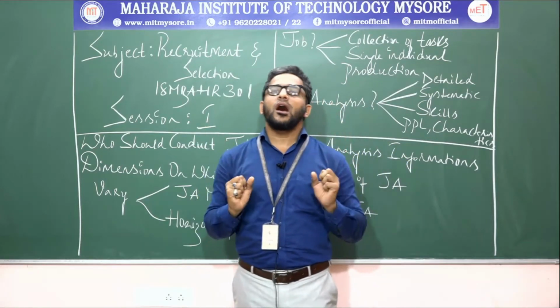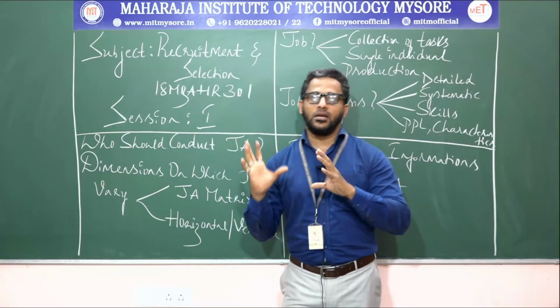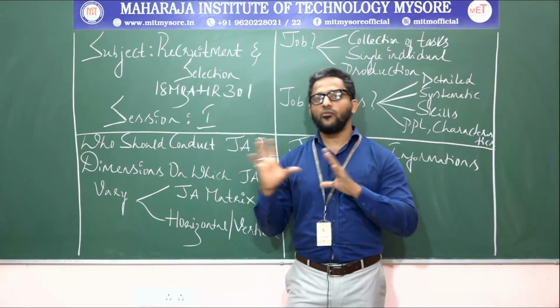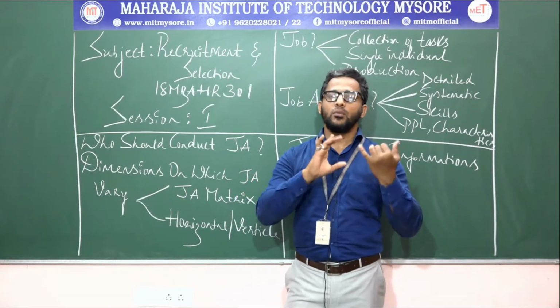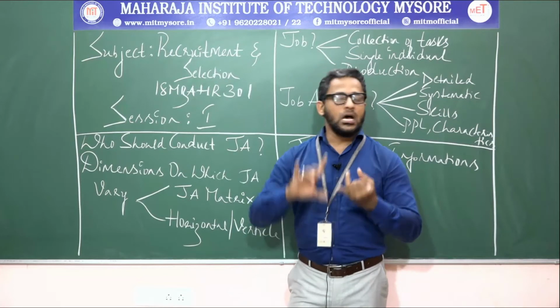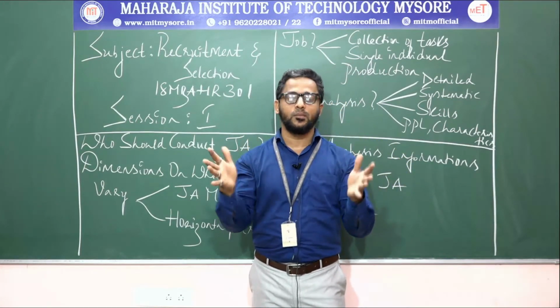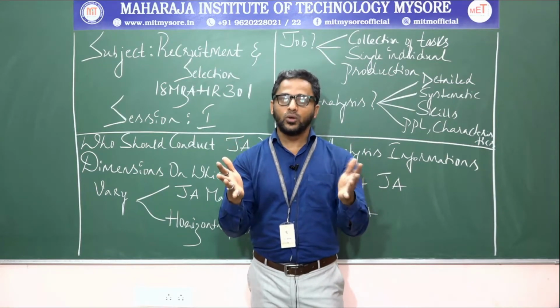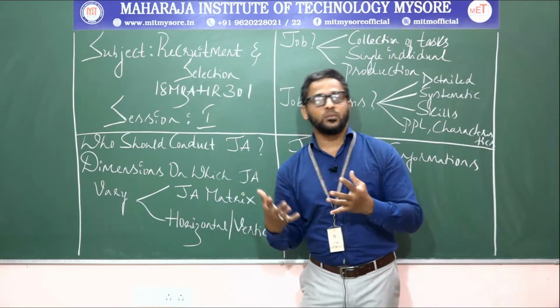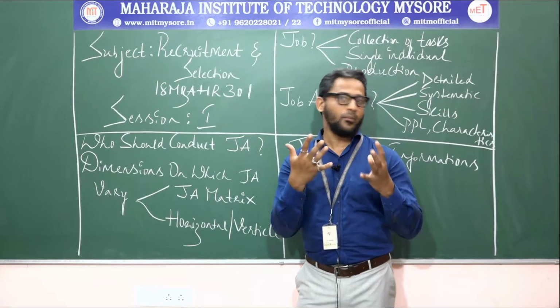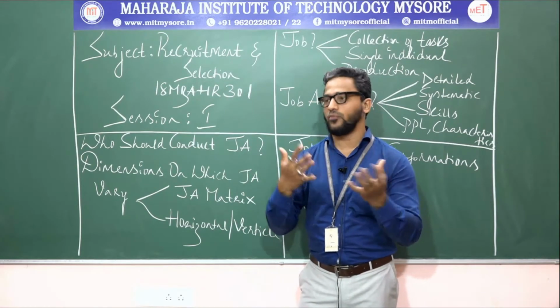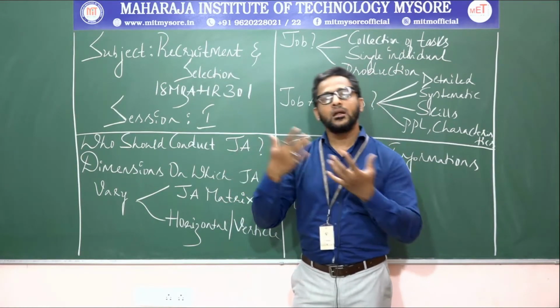That's what I told: he should have KSA, knowledge, skill, ability. I am checking whether the employee has the required skill, knowledge, ability, effort, commitment, attitude. There are tangible and intangible things. What we expect from a person to perform a job is both tangible and intangible.